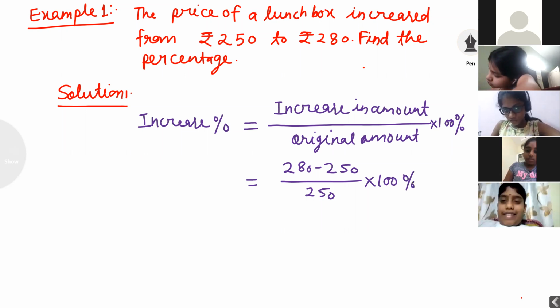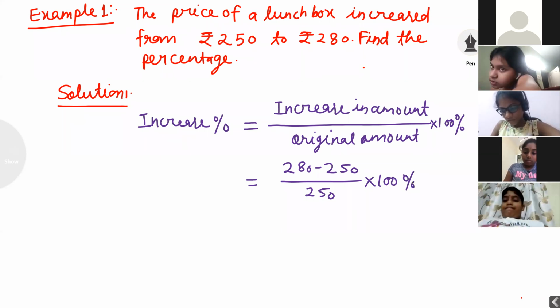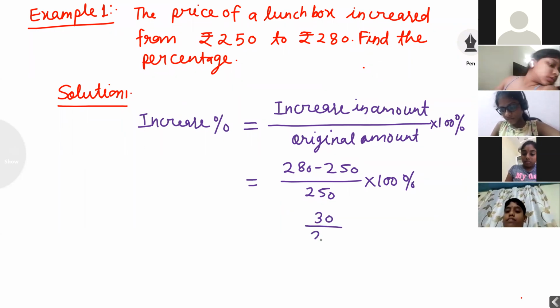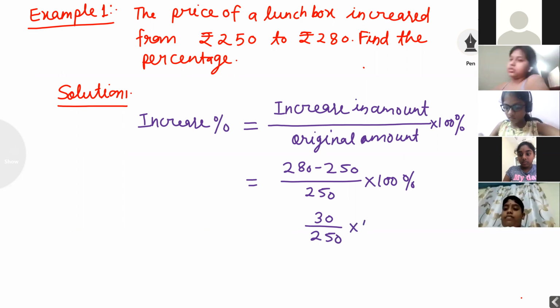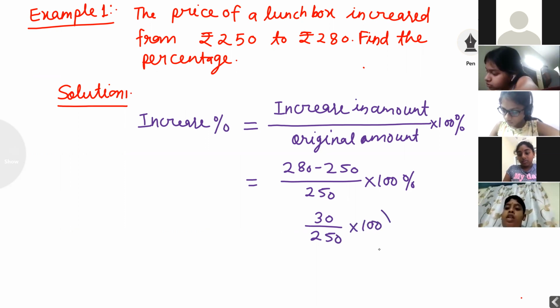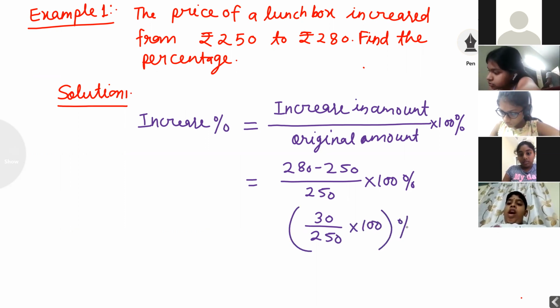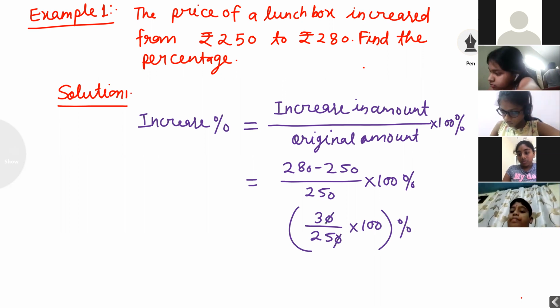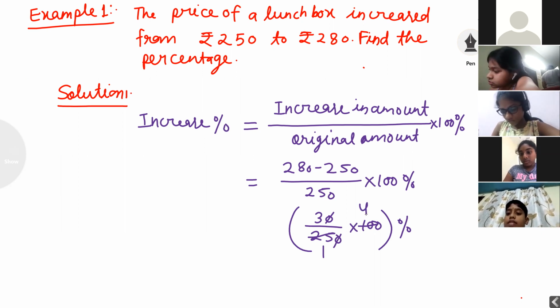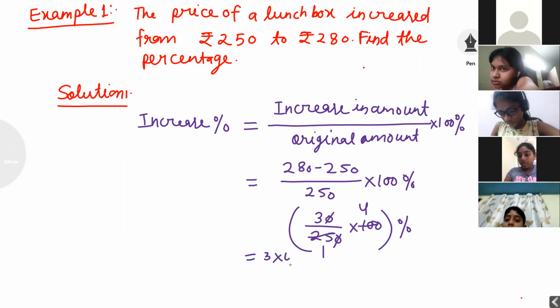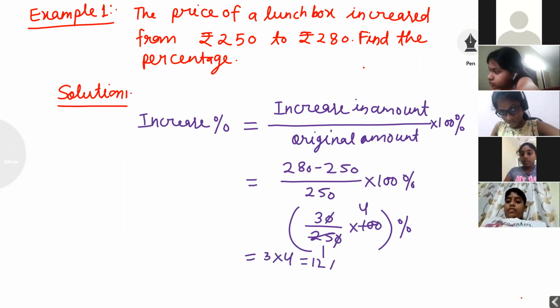Now 280 minus 250, what will become? 30. 30 by 250 into 100%. Now 10 and 10 cancel, 25 on the 25, 25 fours are 100. Now 3 into 4 is equal to 12%.